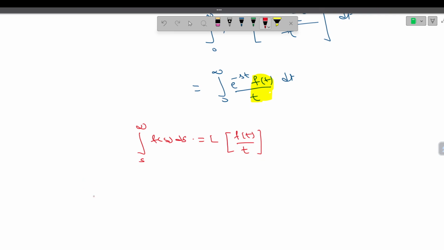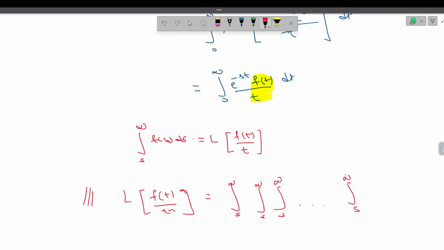Similarly we can prove this and extend it. So the Laplace transformation of f of t by t to the power of n, suppose for example, it can be going like this: s to infinity, s to infinity, s to infinity, and so on, of F of s ds.